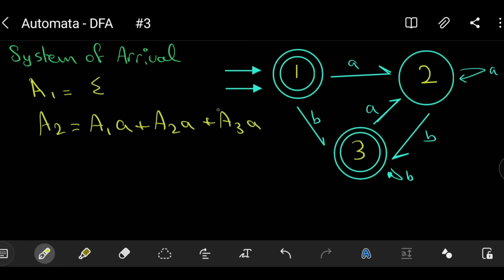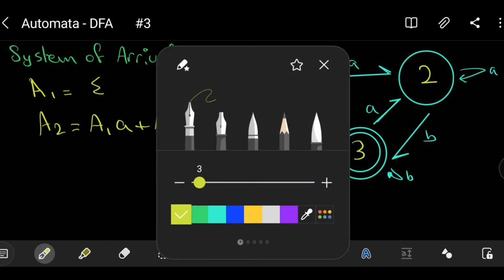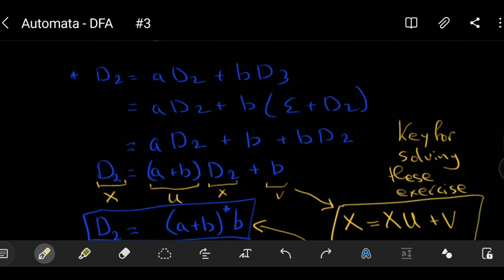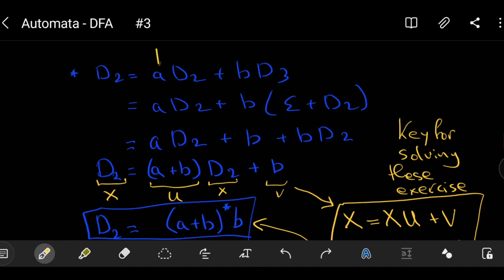Okay, guys, you have noticed that the writing in the system of arrival is different, because we have started with A capital, with the state, and then with the key, or the transition letter, A2 and A3 before the A. It is different from the department, because we have seen before that in the department the first is the key, and then it is the state.